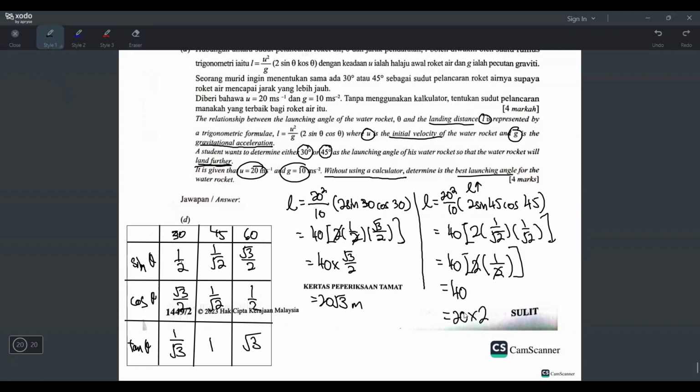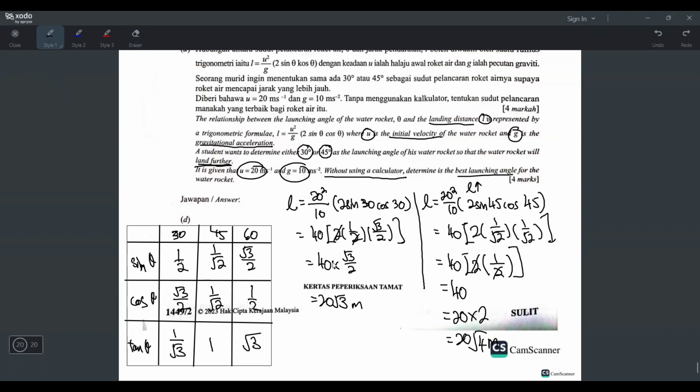Okay, I know 20 times 2 is 40, right? So 20 times with 2, but we all know square root 4 is 2, right? So if we compare 20 square root 4 and 20 square root 3, then we can see which one is further lah. Which rocket land further. So 20 square root 3 or 20 square root 4?